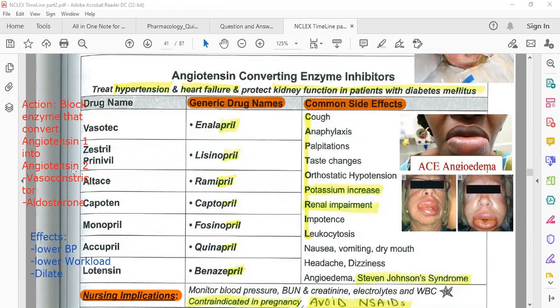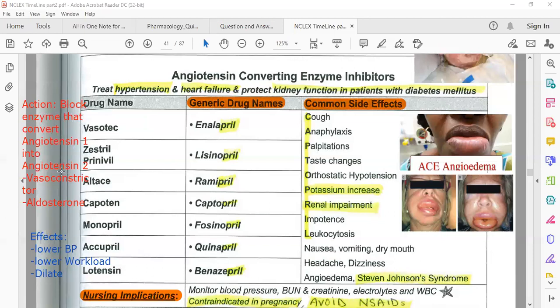Angiotensin 2 is a super powerful vasoconstrictor that will increase the blood pressure. So if you block the formation of angiotensin 2, it does not work. And we know angiotensin 2 is a vasoconstrictor, right?